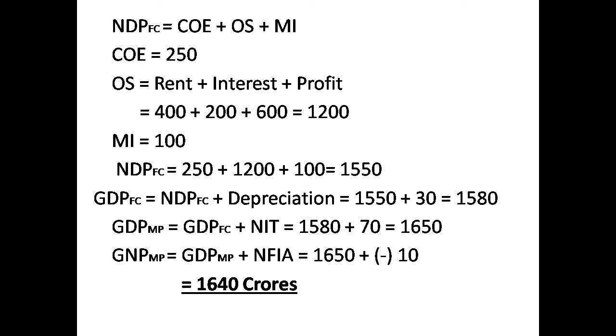We get GDPMP: 1580 plus NIT, which is 70 given in the problem. We get 1650. From GDPMP we can calculate gross national product at market price by adding NFIA. So GDPMP plus NFIA, 1650 plus minus 10, 1640 crores is our answer.